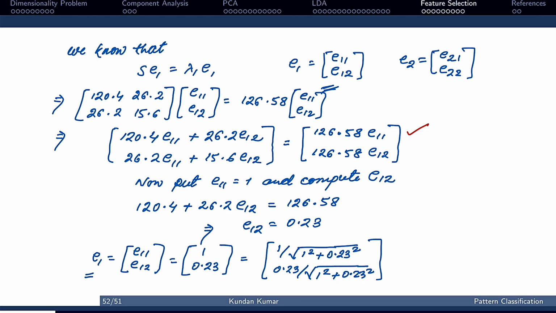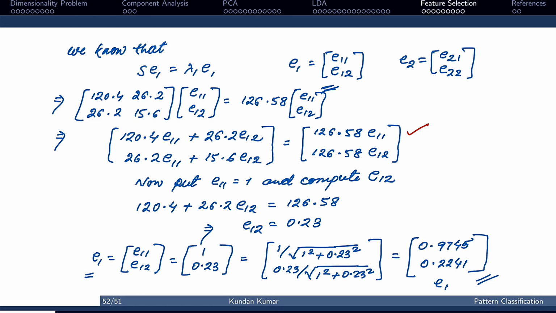When you solve it, we will obtain 0.9745, 0.2241. So this is basically our E1.